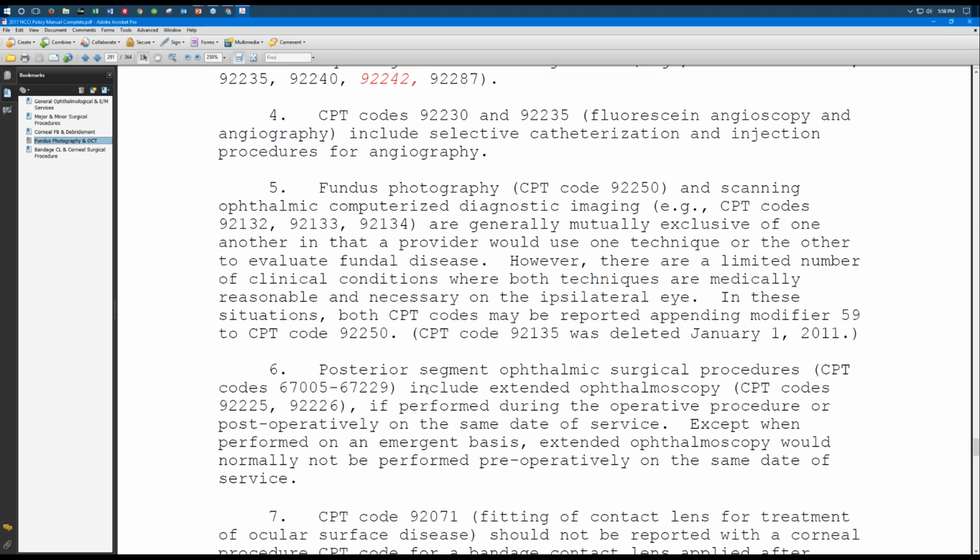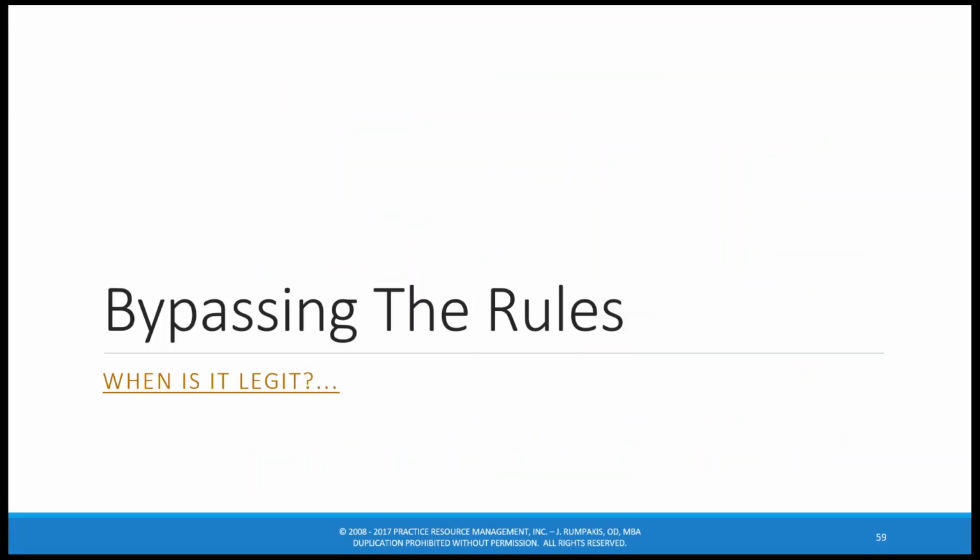So, the question that comes into play is, what are the ones that are medically reasonable and necessary? Okay, so you have to demonstrate in your medical record that the patient was going to be losing sight, or it was imperative that both of them be performed on the same date of service.